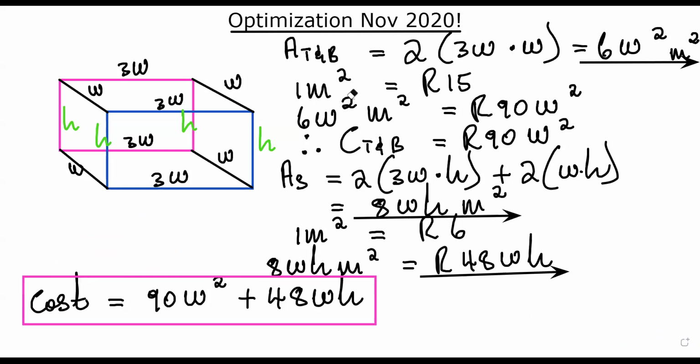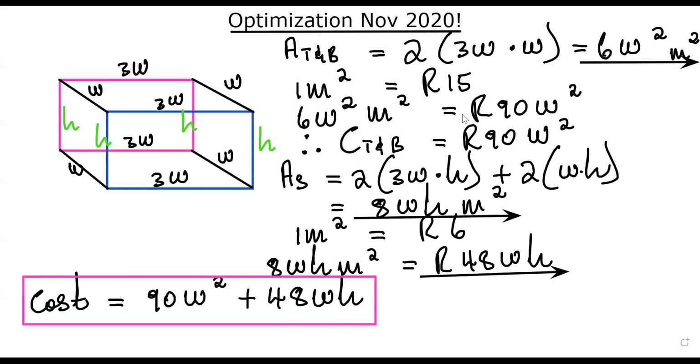It's because if we look at the second part, we actually have H inside. So we need to make sure that everything is completely in terms of W. So the question is, how can we make sure of that? How can we eliminate the H that we have here?